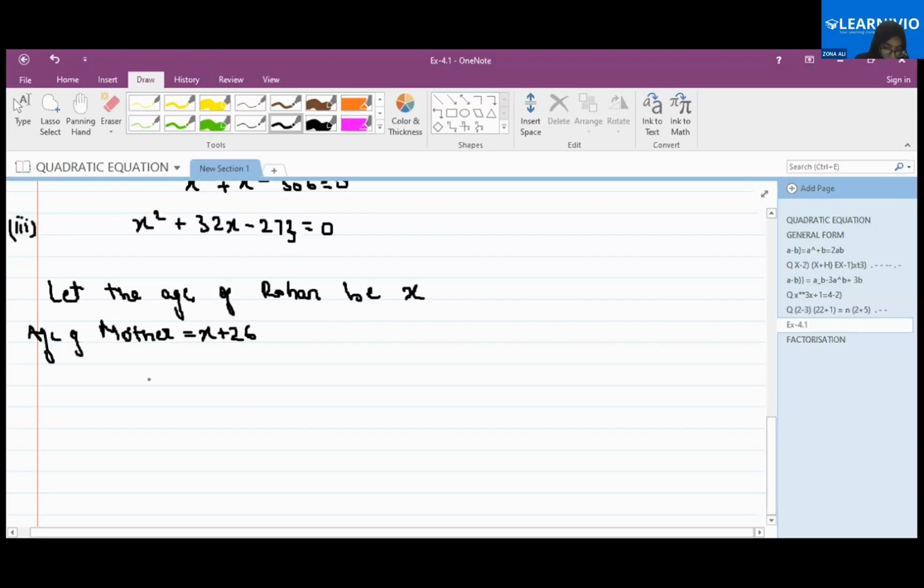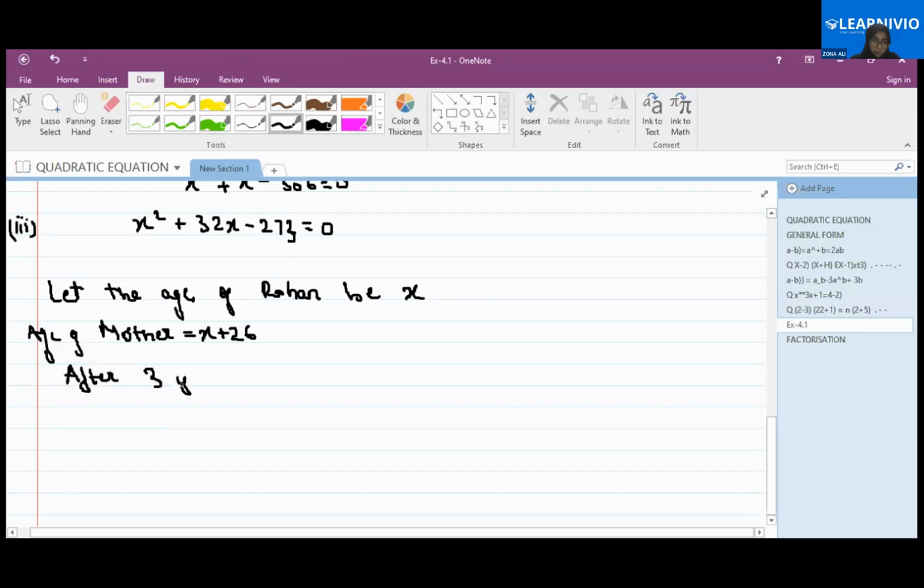Now it says the product of their ages 3 years from now will be 360.